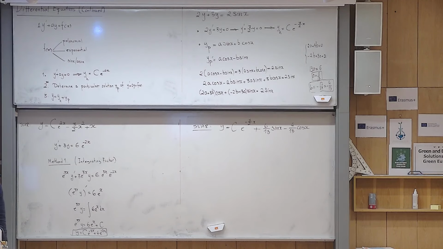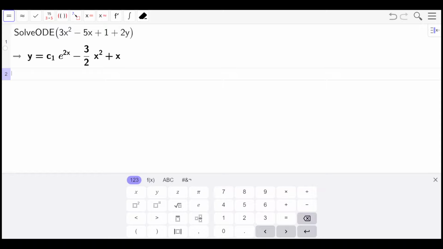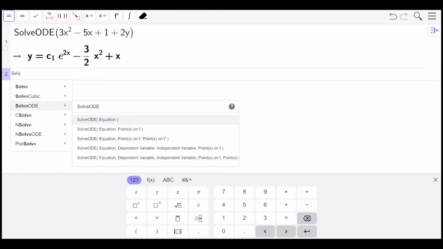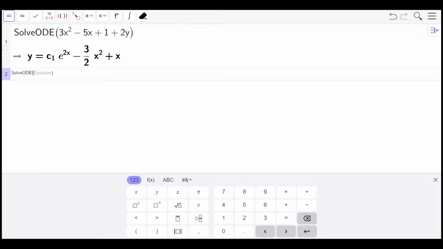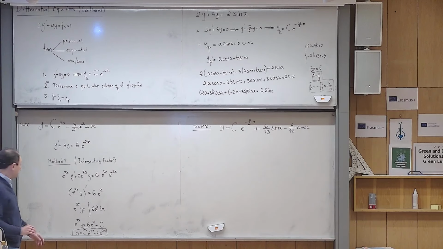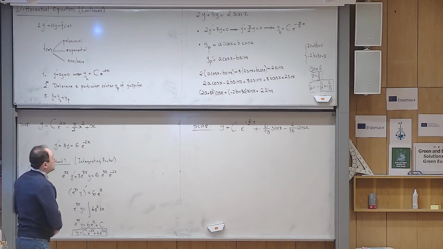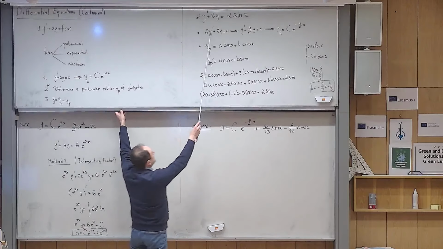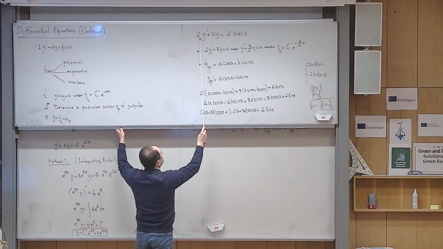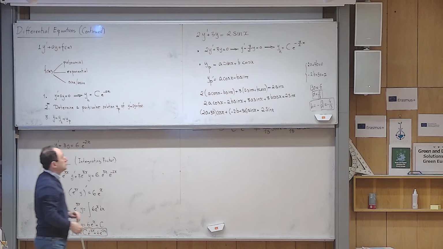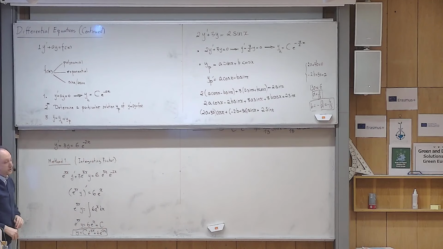So I'm not sure if this GeoGebra can do that. Let us see. So solve ODE, but I told you that you have to type it in a way that it's y prime. So in your head, let us move 3y to the other side. I move 3y to the other side, but I have to type for y prime, so I have to make y prime alone by dividing by 2.